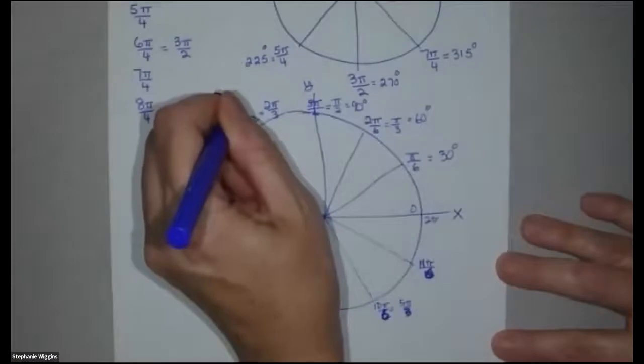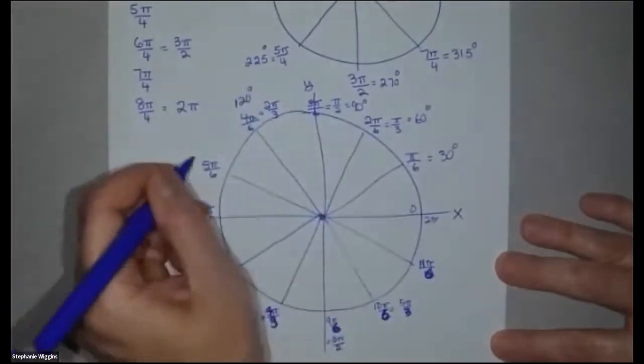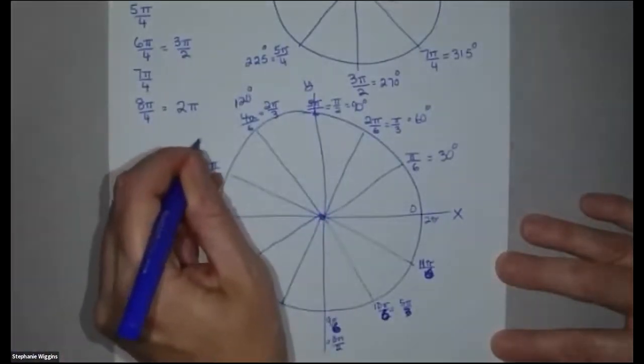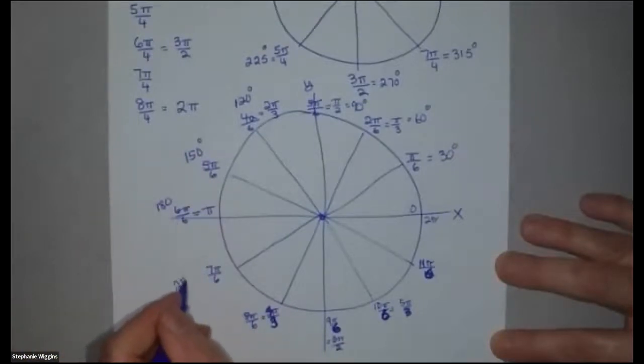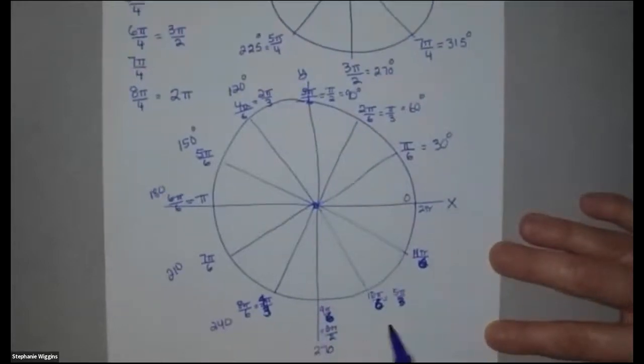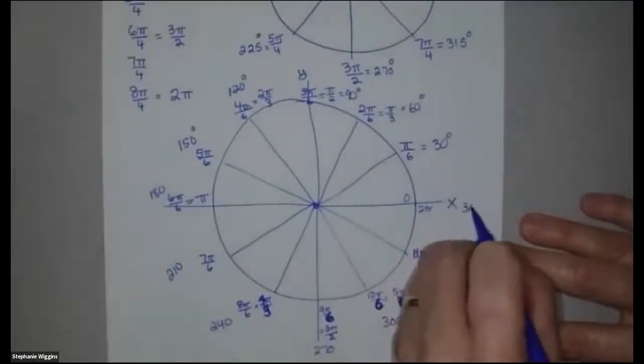And this becomes 120. This is 150. Add 30, you get 180. Add 30, you get 210. Add another 30, you get 240. Add 30, you get 270. Then 300, then 330, and then 360.